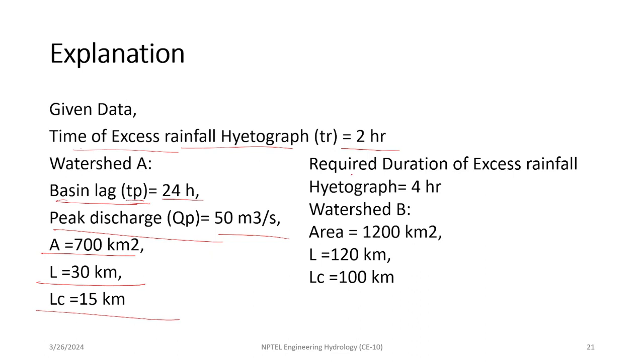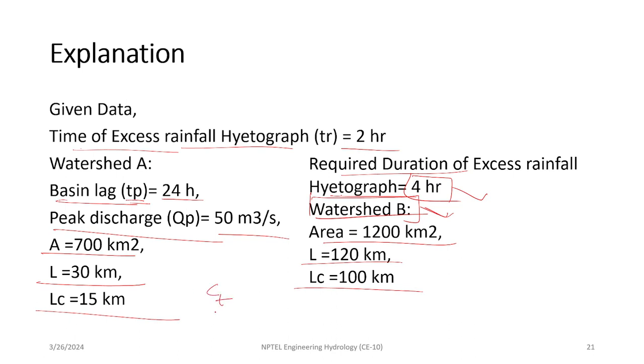Now this is for watershed B. The required duration of the excess rainfall hydrograph is 4 hours. Area is given as 1200, length is given as 120, and LC is given as 100 kilometers. Now I just mentioned there will be 2 major coefficients.